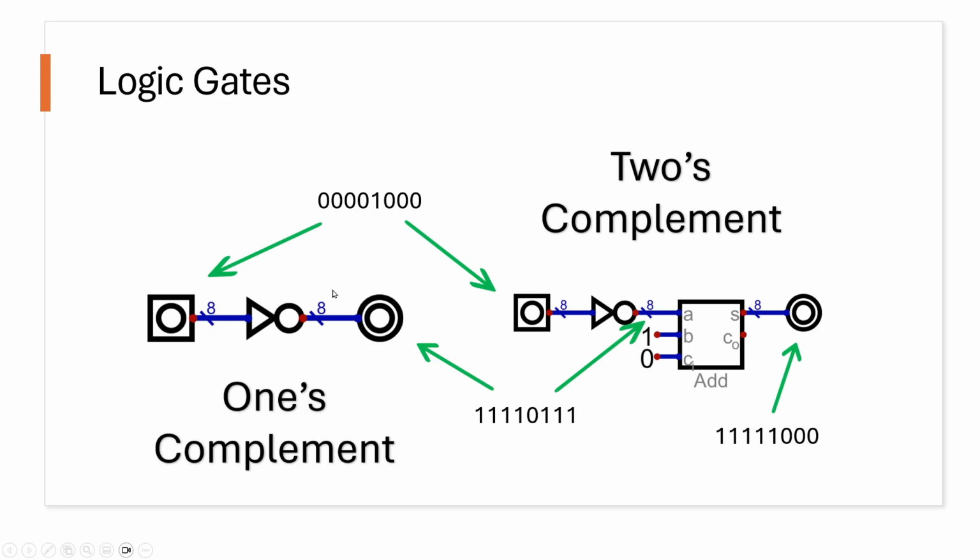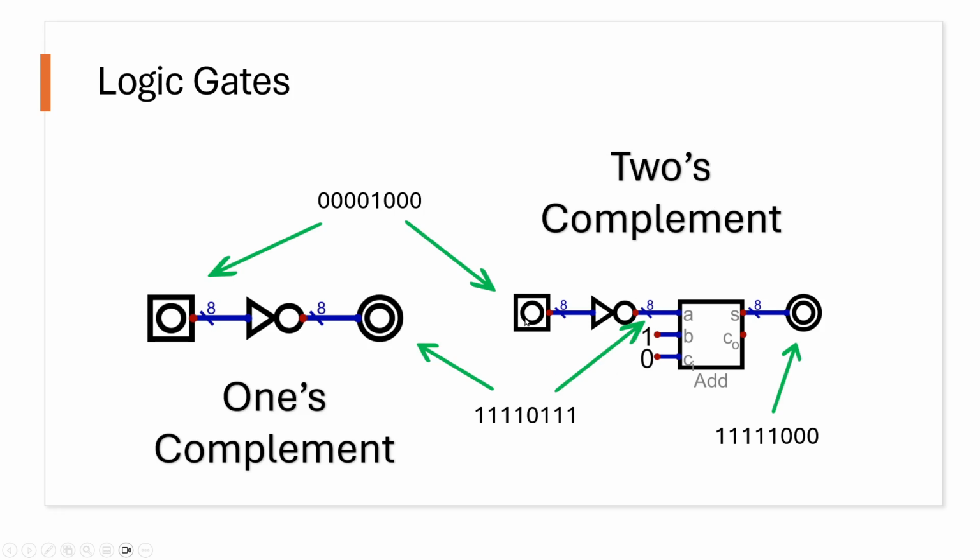For example, you can give this positive number, 00001000, run it through here, and that gives you the ones complement, 11110111. And the twos complement is just a little bit more complicated.